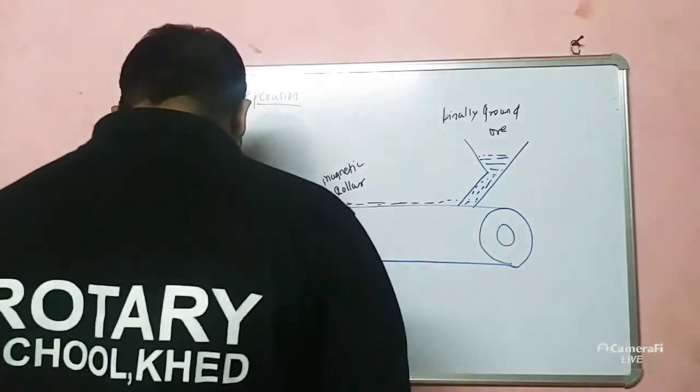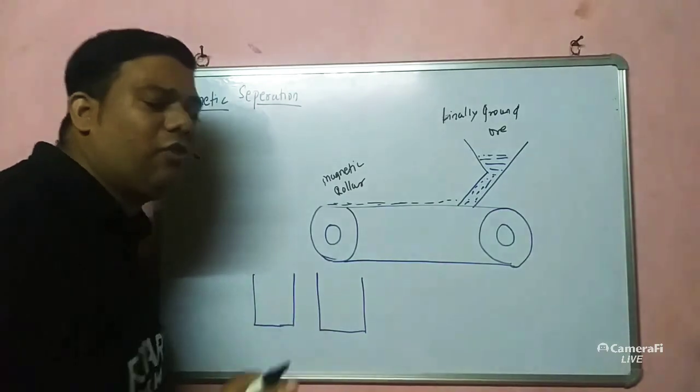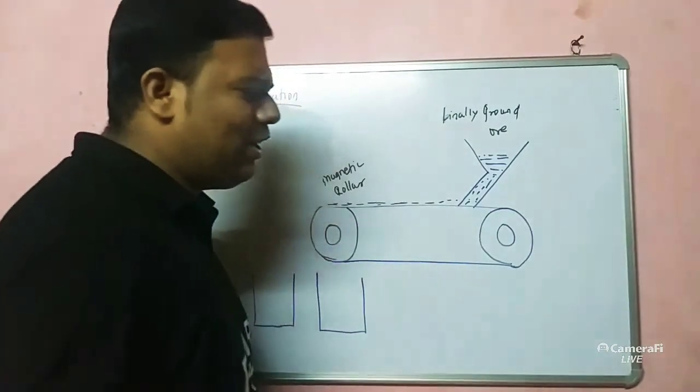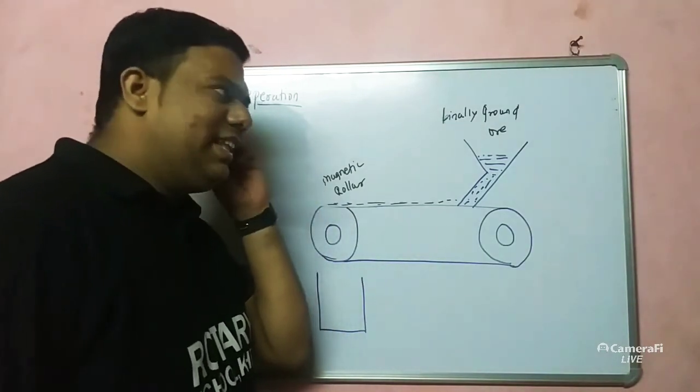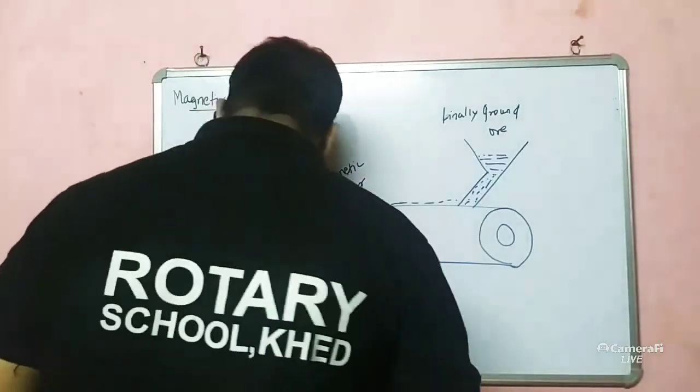Now this magnetic separation is specially for iron-containing ore. One ore is attracted by the magnet, another ore is not.